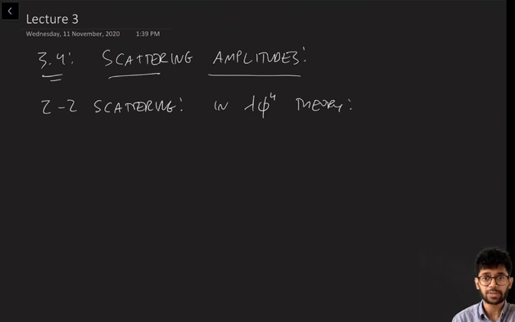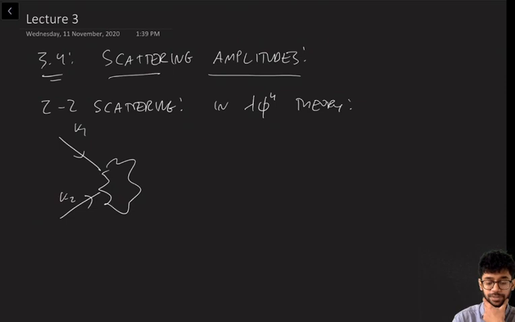To be more precise, I'm going to imagine that there are two particles coming in, K1 and K2, and these particles can scatter off of each other, something can happen, and then two particles will come out, K1 prime and K2 prime. These are, of course, the momenta of the incoming and outgoing particles. And I want to calculate the probability for this to happen.